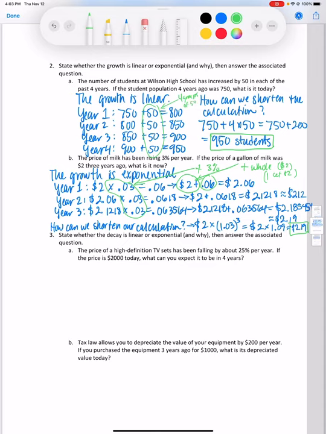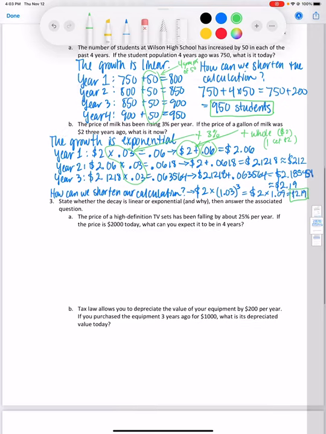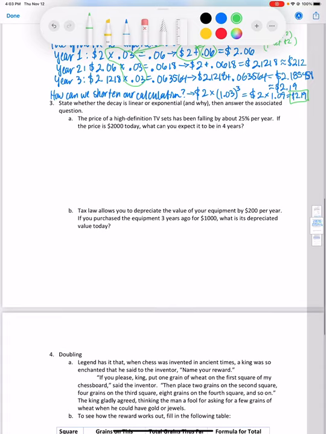Number 3, state whether the decay is linear or exponential and why. Okay, so we have another couple of situations where we're using some decay, which means less and less amounts. State whether decay is linear or exponential, and then answer the associated question.